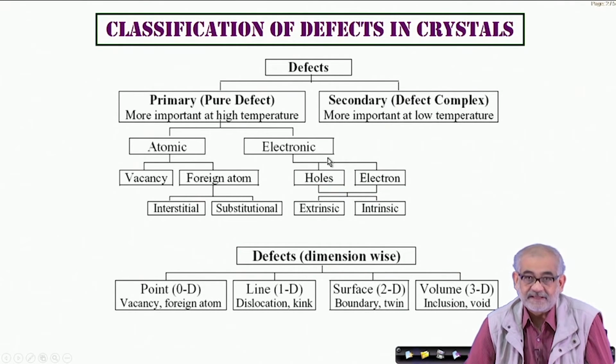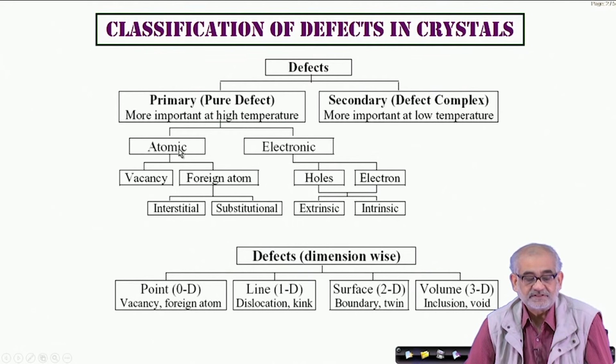Now, the overall landscape of the possible defects allows you to classify them into so-called primary and secondary defects, where primary essentially means pure defects, which are usually present only at a high temperature. You can have defects with regard to the atoms or defects related to the electrons, so you call them atomic disorder or electronic disorder.